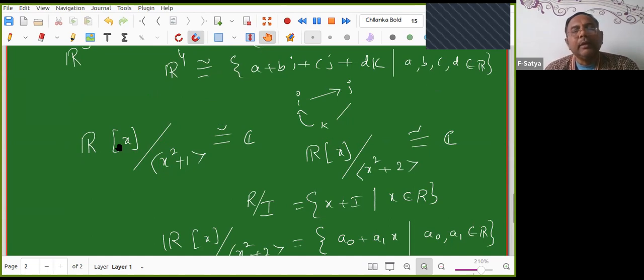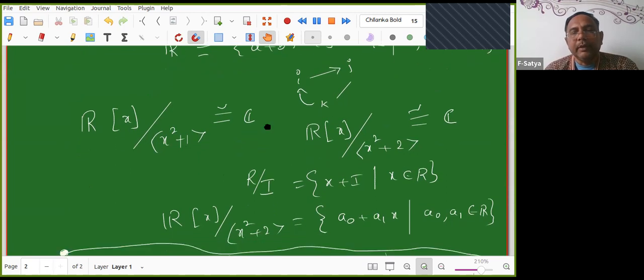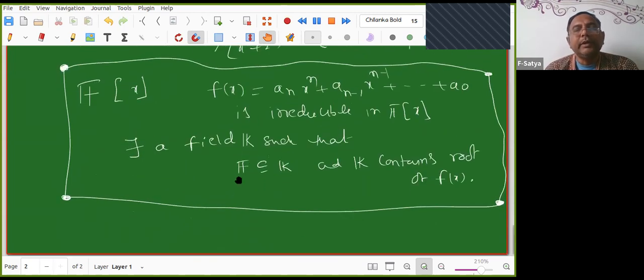In that field, x is a root of this polynomial. We denote that root of x square plus 1 as i. Then we created a new system called the complex numbers.